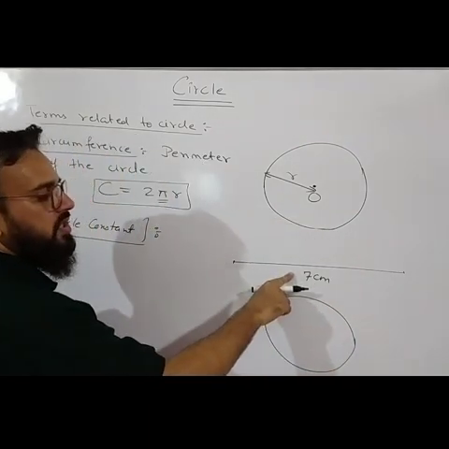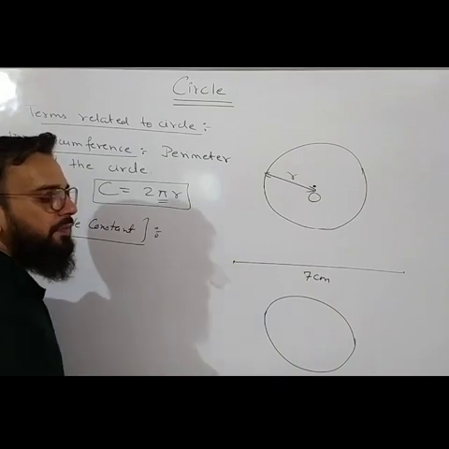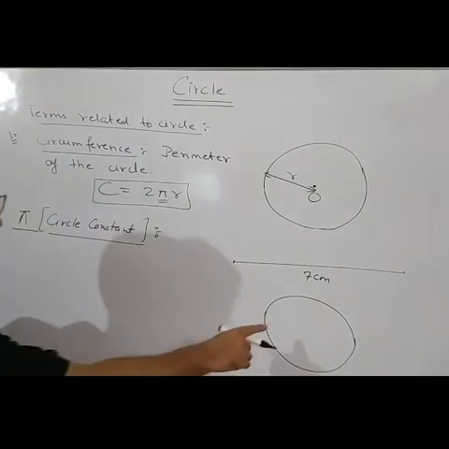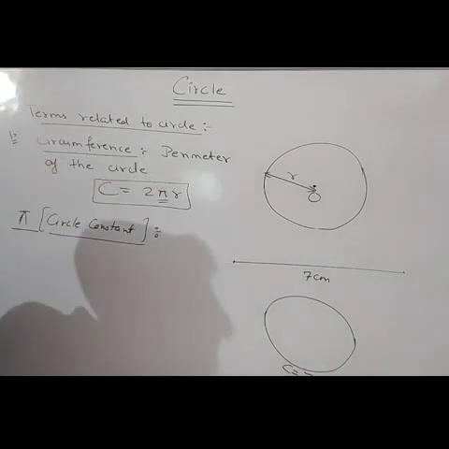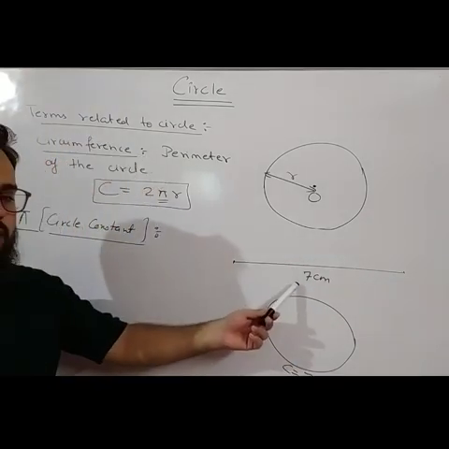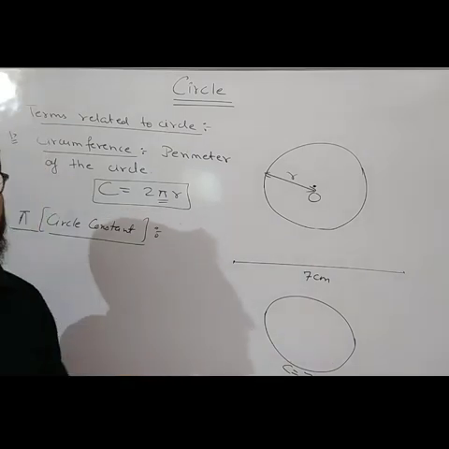So the length of thread was 7 cm. Now what will be the circumference of this circle? Circumference will also be 7 cm, because we have taken a thread of 7 cm. So the circumference of the circle will also be 7 cm.